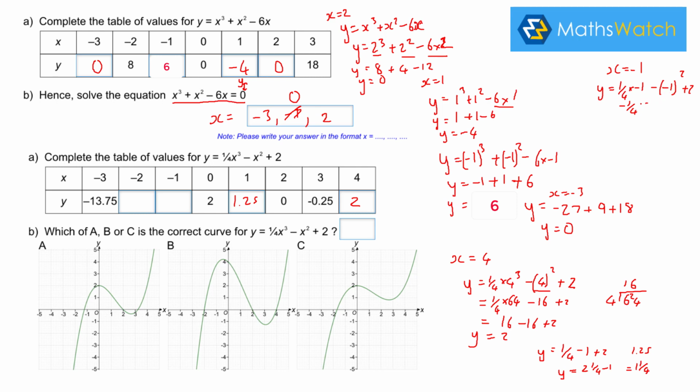So quarter times minus 1 is minus a quarter. Now you've got minus 1 squared, which is plus 1, but you've still got the minus sign here. So you've got minus plus 1, which you know makes a minus, and then plus 2. So you've got y equals minus 1.25 plus 2, so y equals 0.75 here.